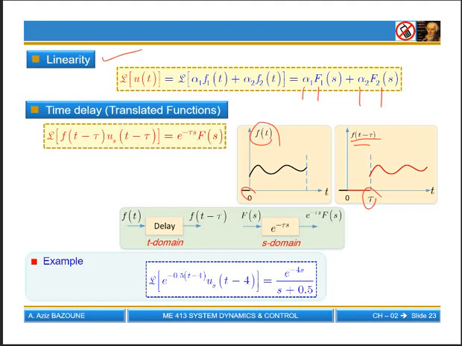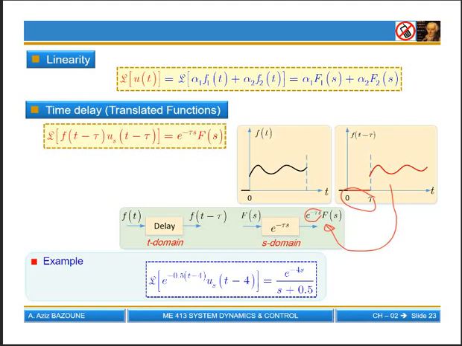Because of the delay tau, it should appear here as an exponential.